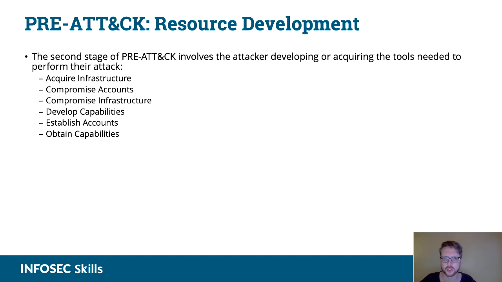So this includes steps like acquiring infrastructure, compromising accounts or infrastructure, developing capabilities, establishing accounts, and obtaining capabilities. It's essentially building up the back end of the attacker's infrastructure so that they're able to execute attacks on any weaknesses that they've identified during the reconnaissance stage.